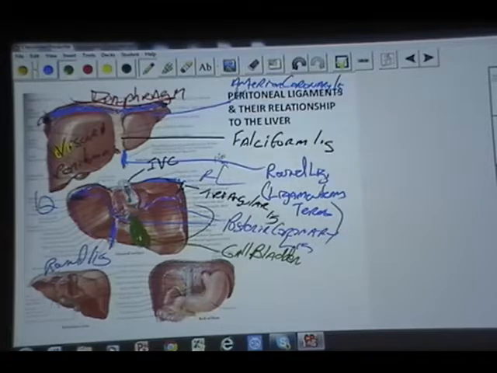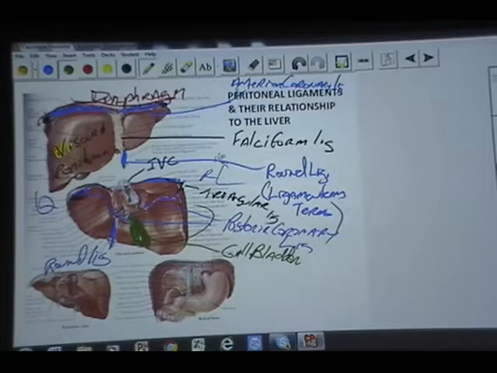It emulsifies fat. It breaks fat down. So what product do we use on a daily basis that emulsifies grease? Soap. So this is basically physiologic soap. And this was released from the gallbladder into the duodenum.